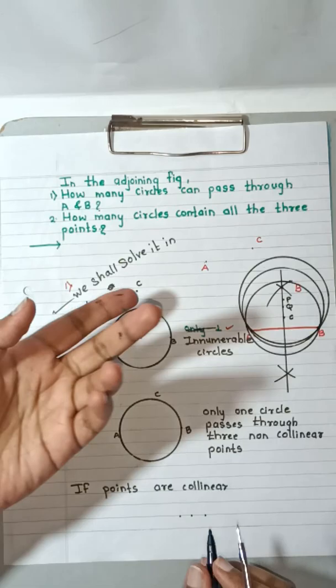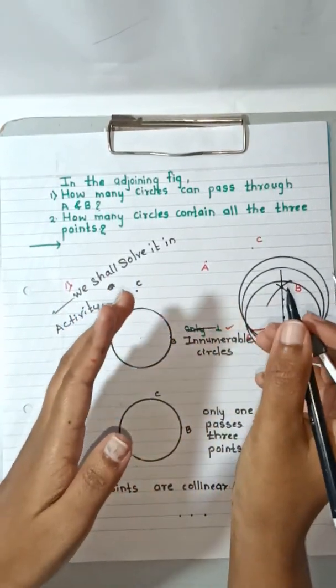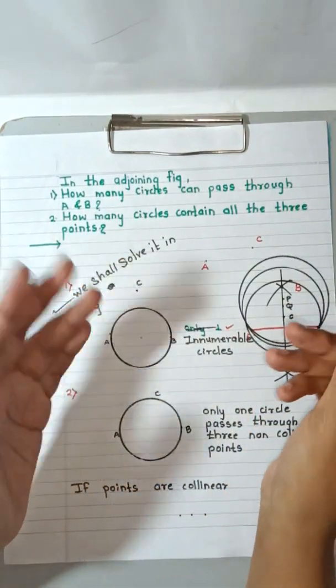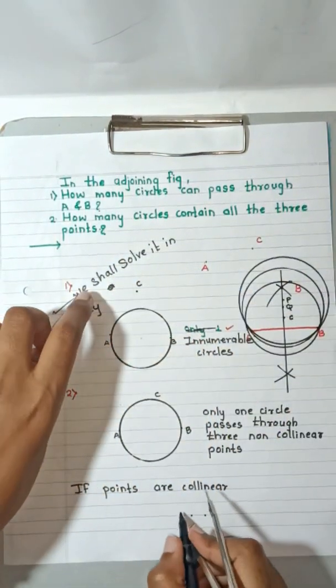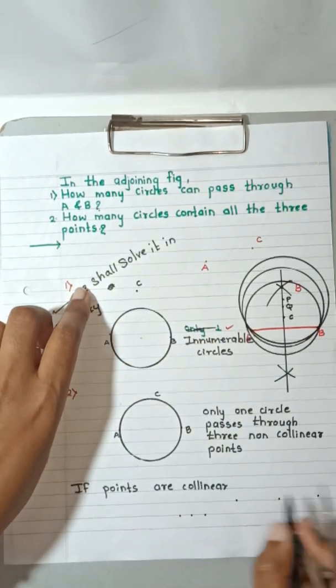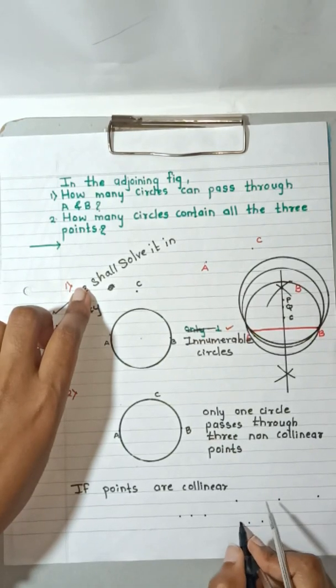Or you can also write it this way: if they have given collinear points, then no circle passes through the collinear points. So what is going to happen in collinear points? Only 2 points will come on the circle. Suppose they have given 3 non-collinear points 1, 2 and 3. What is going to happen?